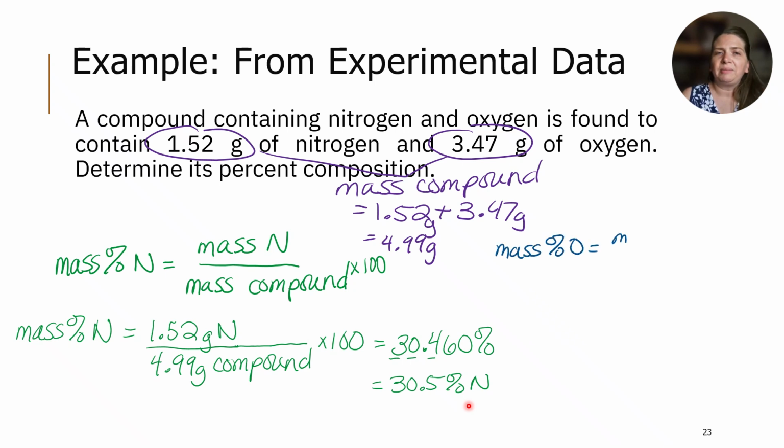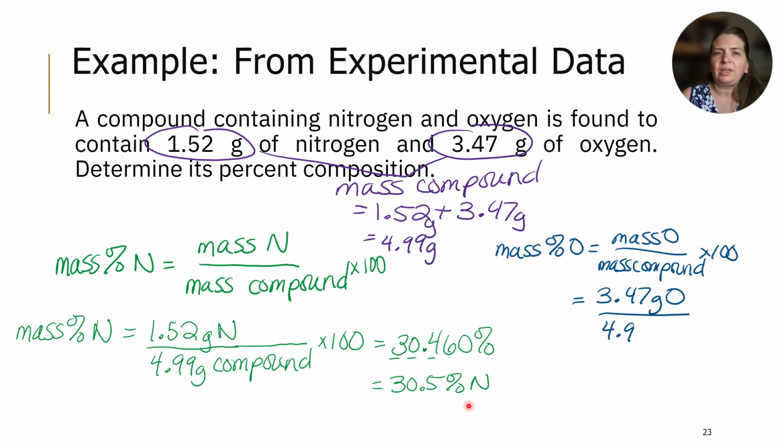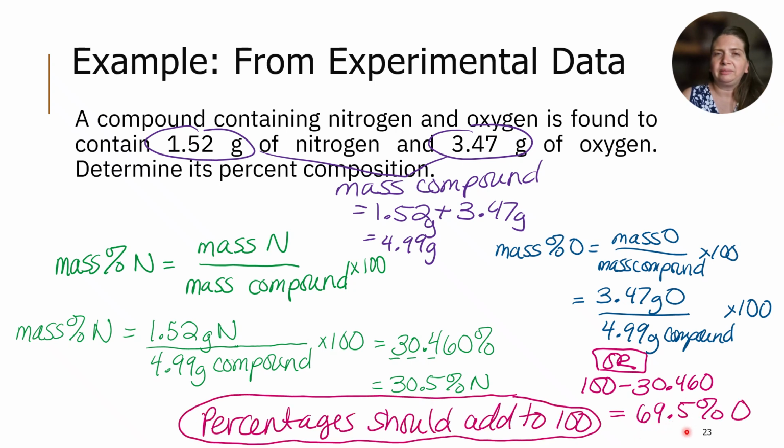Now we can calculate the mass percent of oxygen. 3.47 grams of oxygen divided by 4.99 grams of compound times 100 gives us 69.5% oxygen. An alternative way to find the oxygen percentage is to recognize that all percentages in a compound must add to 100%. So 100 minus 30.460 would also round to 69.5%.